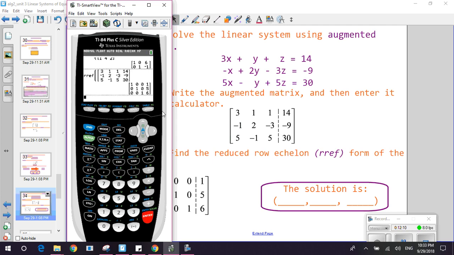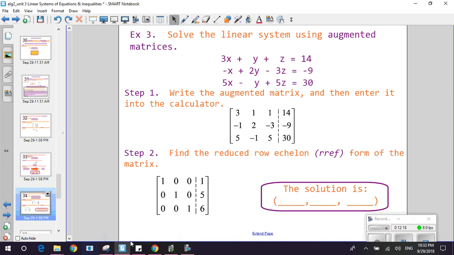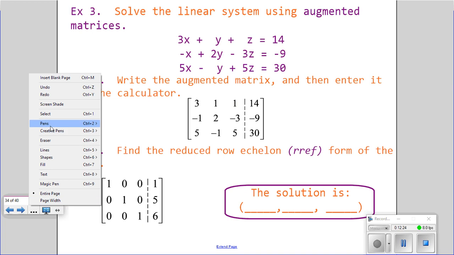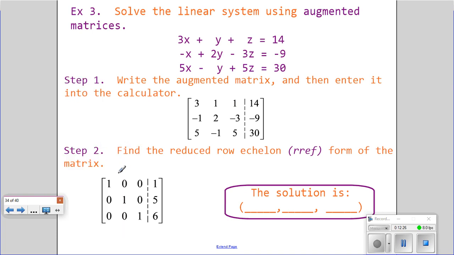And there's my RREF form of this matrix. Again, you notice I have the identity matrix on the left side of the dash. It's the 3 by 3 identity matrix.